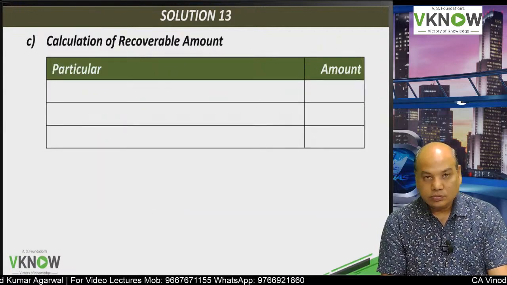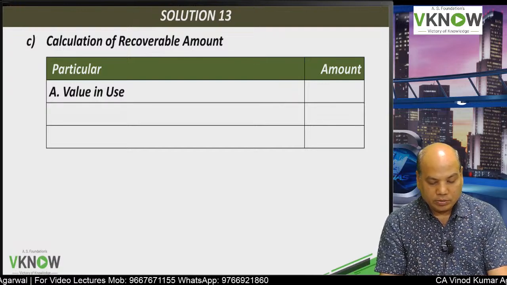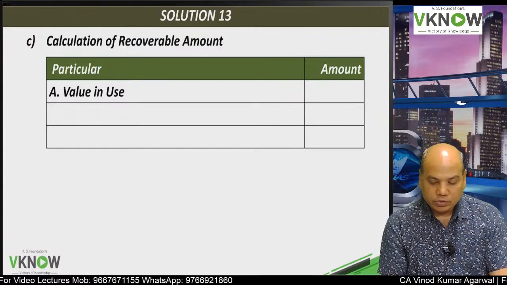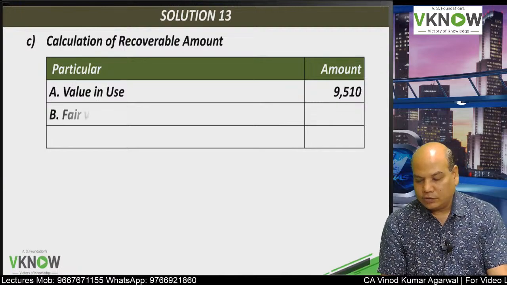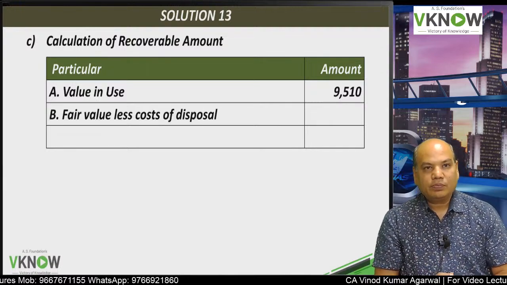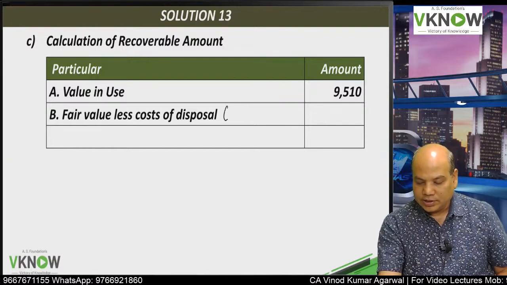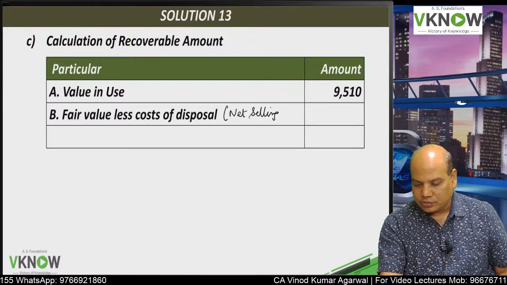After that, we'll compute recoverable amount. Under recoverable amount, we have 2 numbers to compare. First is value in use, 9510. Second, fair value less cost to sell, means net selling price. Don't write this.